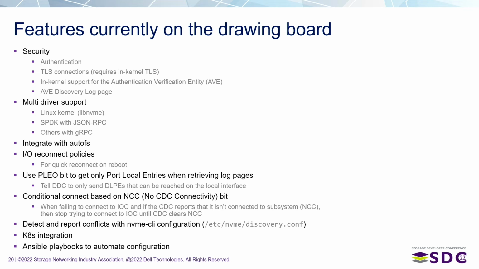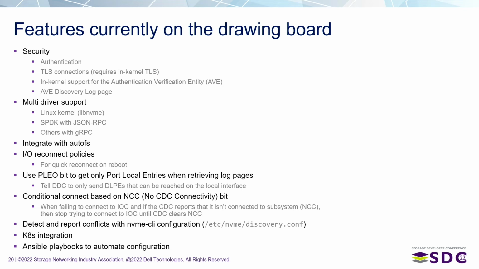A very important thing is also completing the support for TP8010, specifically using the port local entry only bit to get only port local entries when retrieving log pages, or the conditional connect based on the no CDC connectivity bit. We define in 8010, in each discovery log page entry, this bit that basically says, look, this subsystem is present in the name server database of the CDC, but now the CDC does not have any more reachability to that subsystem.